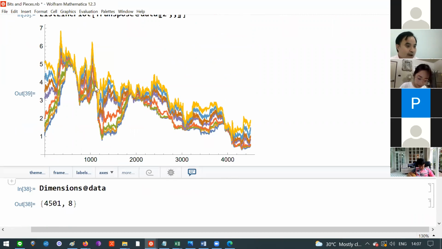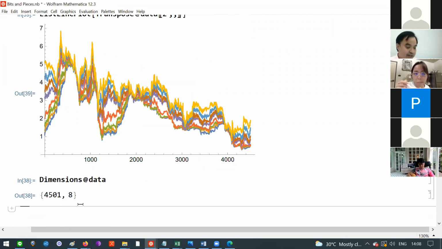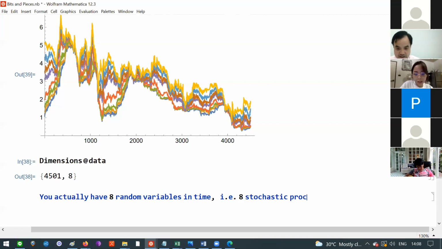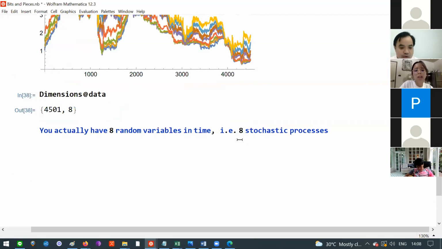Now, you can see that it has a lot of movement, right? And how many degrees of freedom does it have? You actually have 8 random variables in time, i.e. 8 stochastic. Now, you don't know this word yet, never mind.